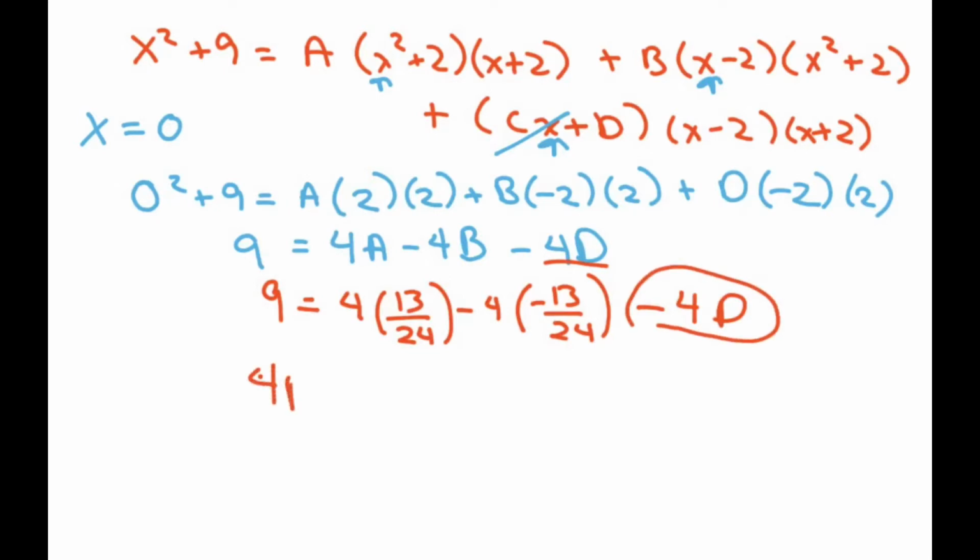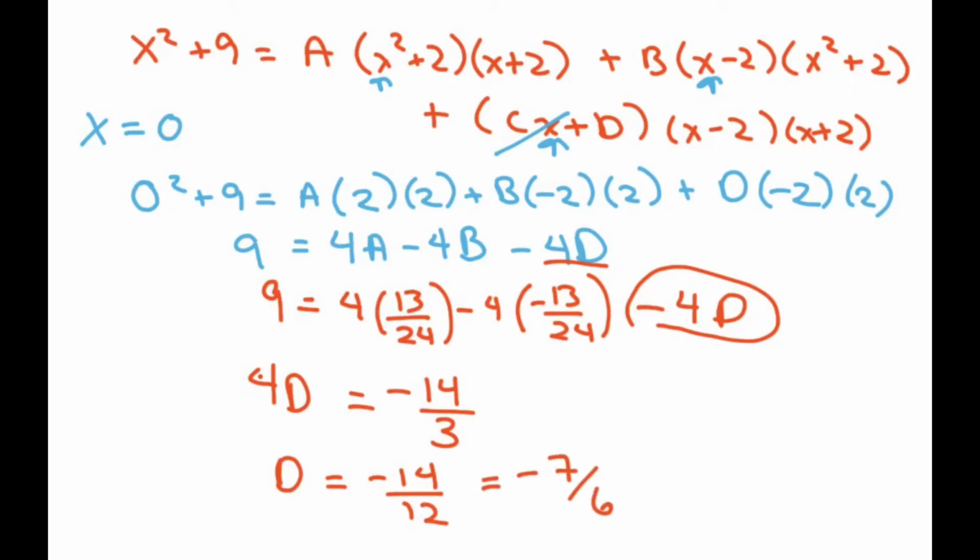You get 4d equals, if you subtract the 9, negative 14 over 3. When you clean all that up, divide everything by 4. So you get d equals negative 14 over 12, and that equals negative 7 over 6. Alright, so we have our d.